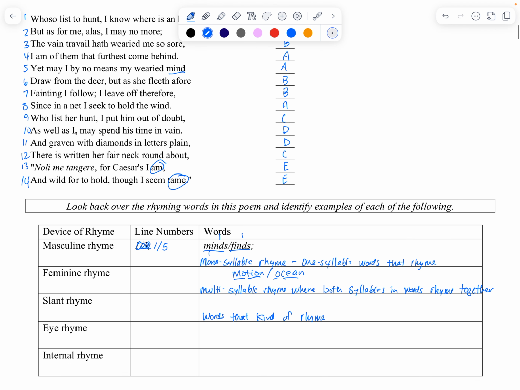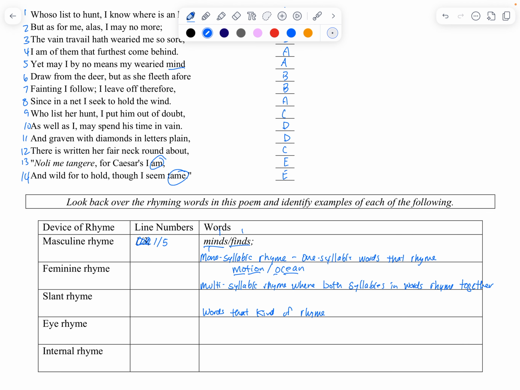Okay, these are words that kind of rhyme with each other. They're not full rhymes, but they sort of have the same sound.